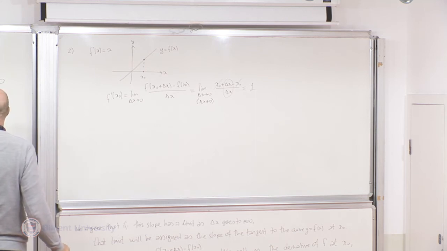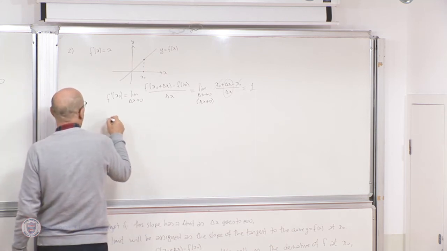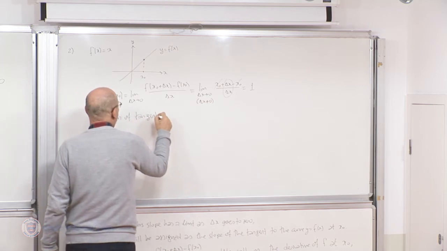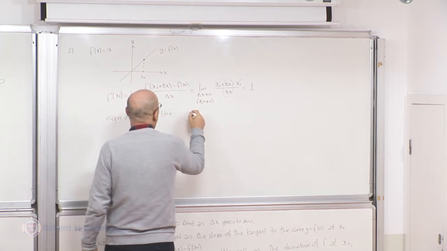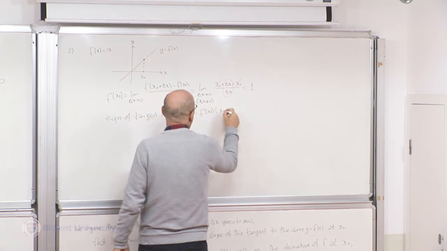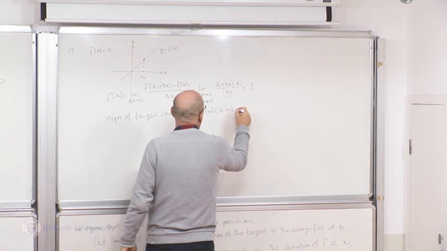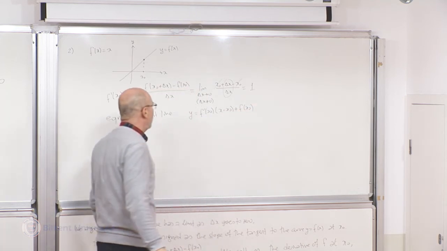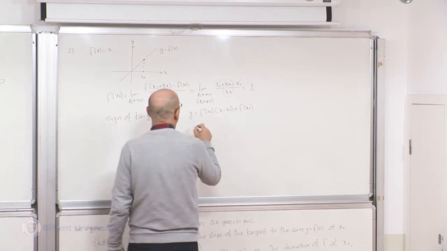Okay, next I write this equation. So the equation of the tangent line: y equals f prime x sub 0, times x minus x sub 0, plus f of x sub 0. Now I substitute the things that I know.